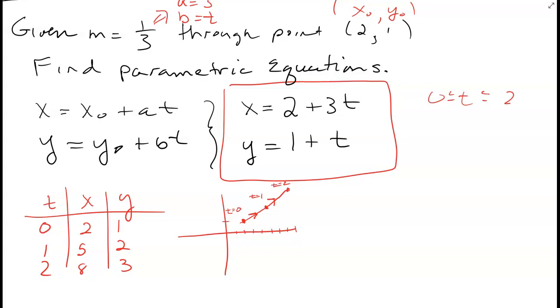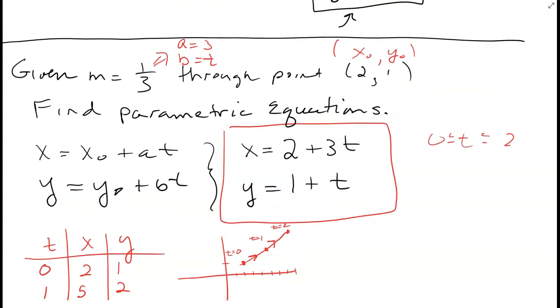Would you all agree that, let me fix this. I don't know why that says that. That was B is 1. I'll do this one in blue. If A equaled negative 3 and B equaled negative 1, would you have the same slope of 1/3?